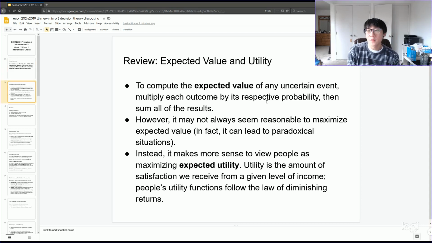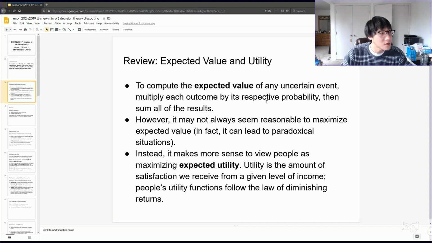Okay, let's just do a quick review of last week's material. These last couple of classes, we've been talking about decision theory, okay? And last time we talked about how people make decisions when the situation is uncertain.